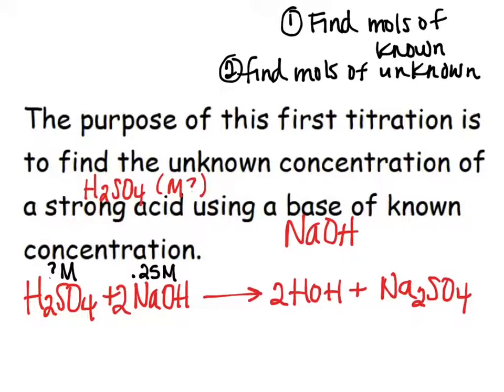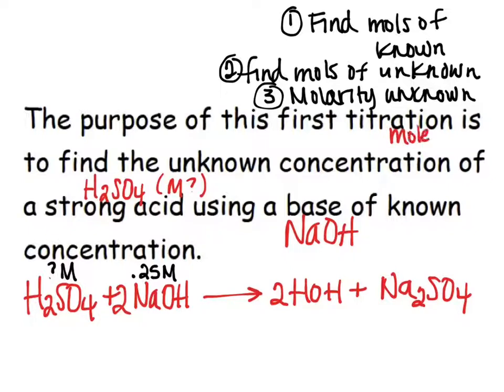After you've found your moles of your unknown, then lastly, you can find the molarity of your unknown. Because we are going to find the moles, and we know how much of that we have, and that is going to be 0.01 liters.